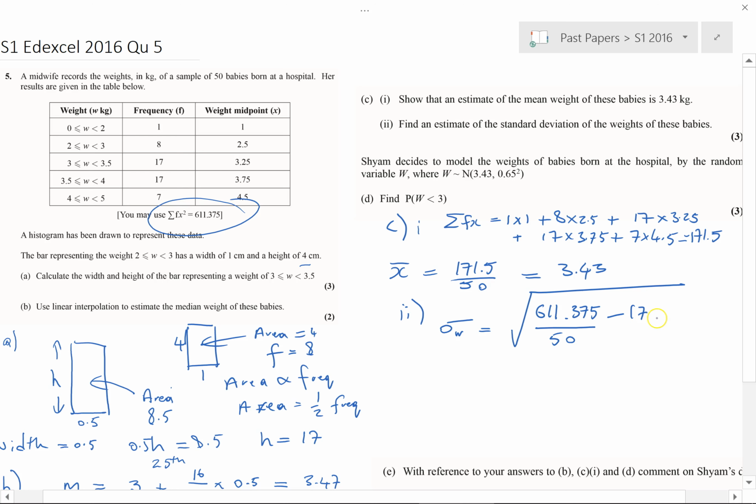So that's, oh no, it might be 3.43 exactly. Yes, it is. So I am going to just use the 3.43 squared there for ease of calculation.